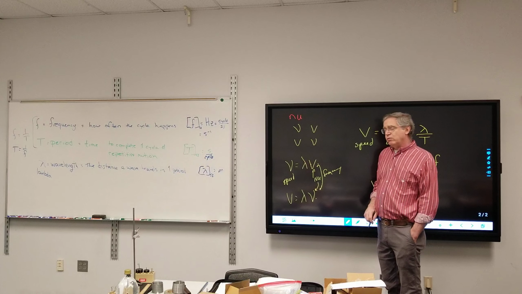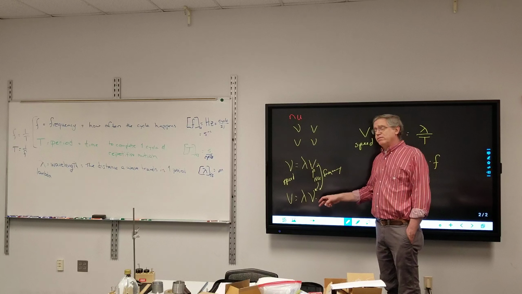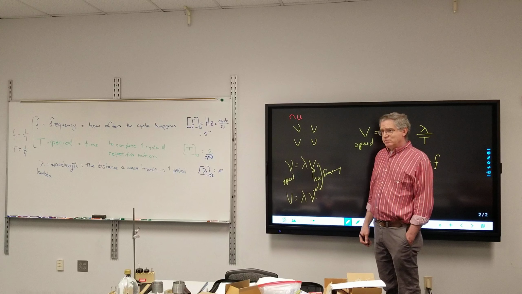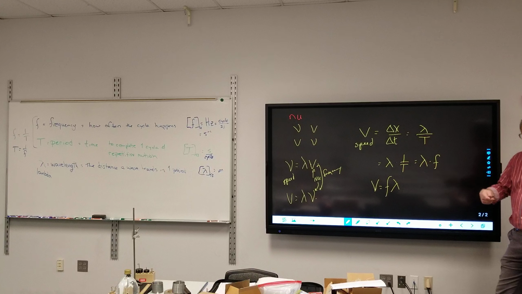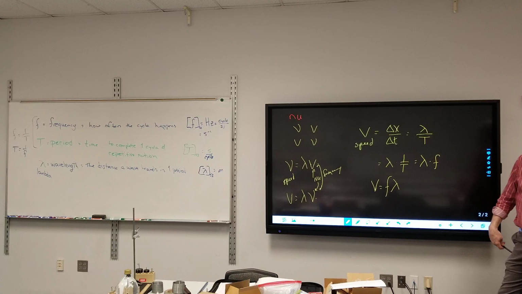This is a long drawn out reason why I don't use the letter that is used in a lot of physics textbooks, and I use the letter F. Also, if you happen to run across that version of frequency, where they don't use the letter F, they use the nu, this is how to tell which one's the nu and which one's the V. You look for that formula.